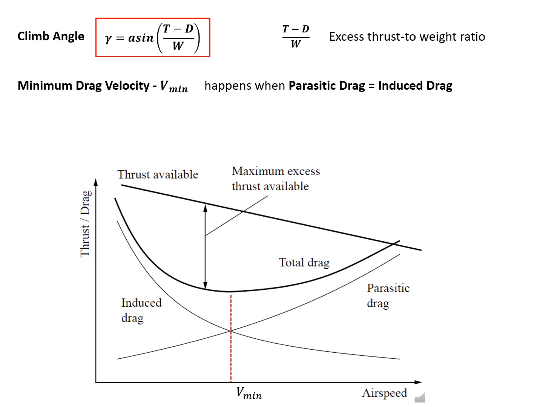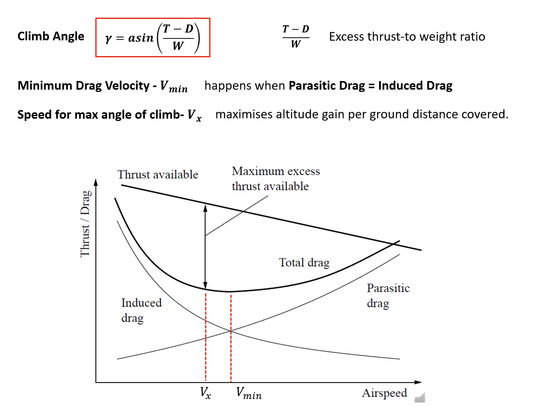We can see the conclusion from the graph below, and I will demonstrate this through an example later. The second is the speed for maximum angle of climb, Vx, and usually Vx is smaller than V minimum. When the aircraft is climbing at the maximum climb angle, the total drag is not the smallest, as you can see from this graph.